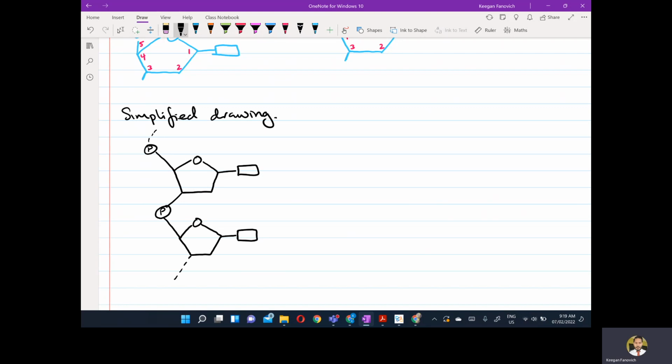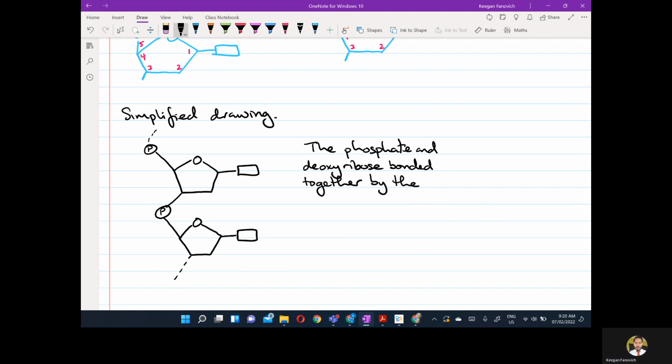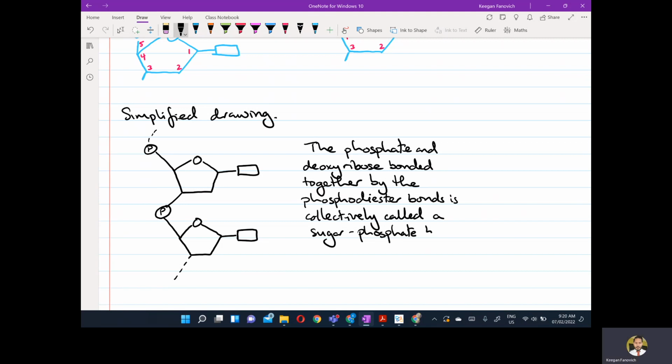Another thing to note when you have this multiple times over and over is that the phosphate and the deoxyribose, when they get bonded together by the phosphodiester bonds, is collectively called a sugar phosphate backbone.